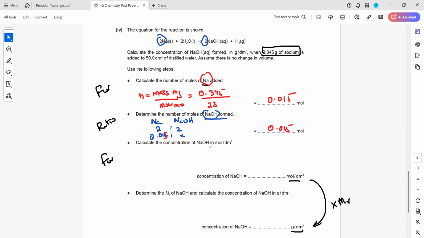Then the concentration of sodium hydroxide. If we need the concentration, again we use a formula. Concentration is moles divided by volume. The moles are 0.015, and the volume of the sodium hydroxide is 50 cm cube, but it should be in dm cube, so 0.05.